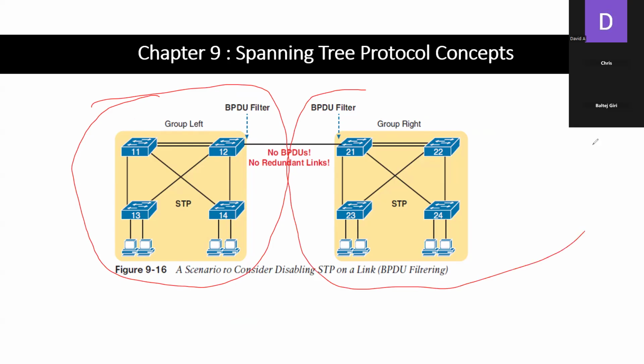They are not operating in a spanning tree because BPDU filter is configured and they're not accepting BPDUs. So what can't they do? They can't participate in the spanning tree algorithm that you learned earlier in the chapter.